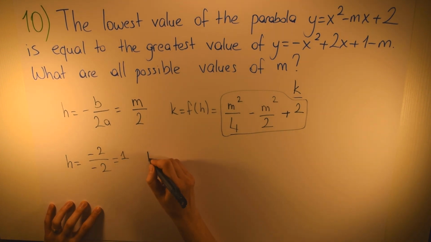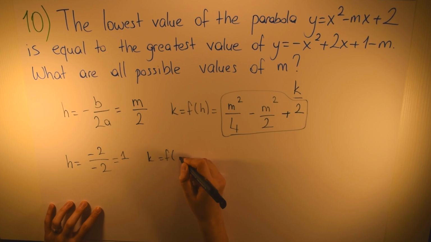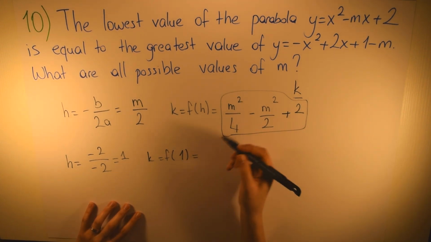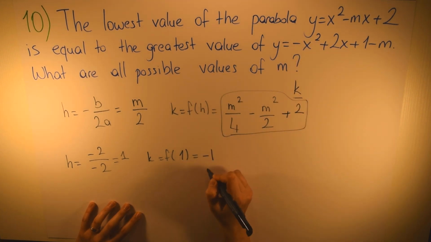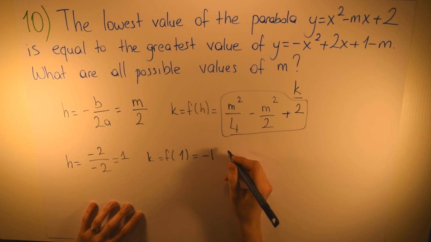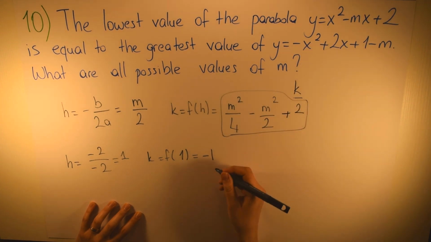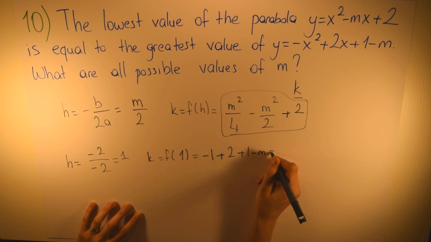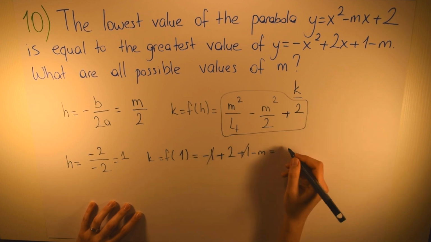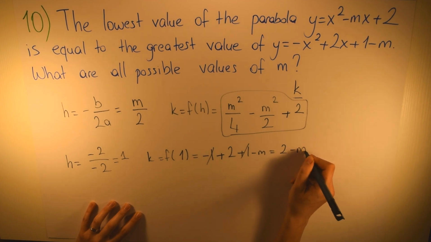After that, let's find the value of k, which is equal to f(1). When you put 1 instead of x, it will be minus 1, plus 2 plus 1 minus m, which is also equal to, this will cancel out each other, 2 minus m.